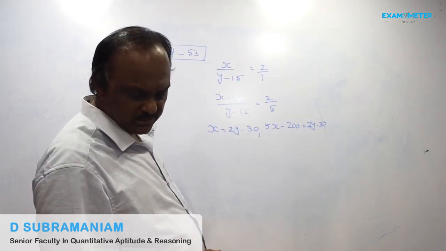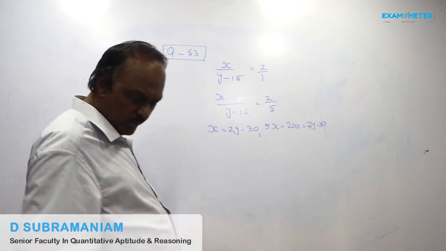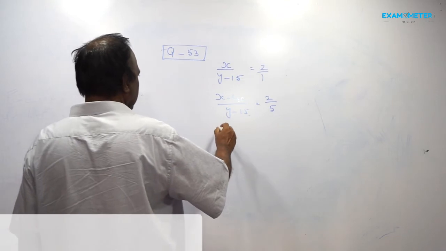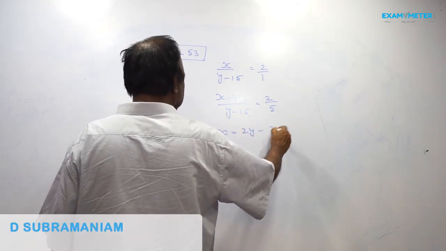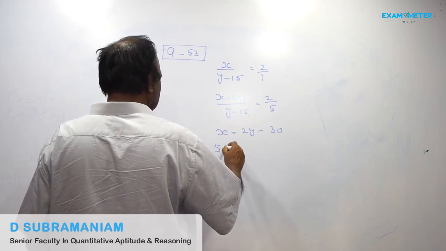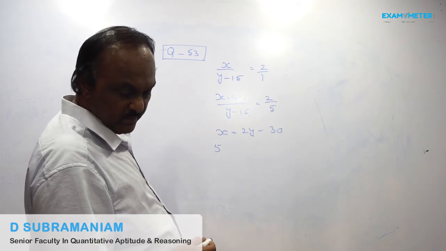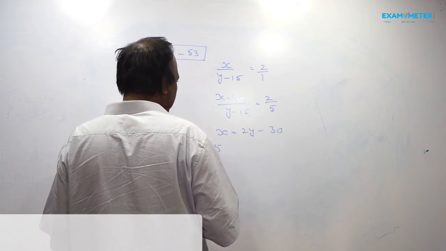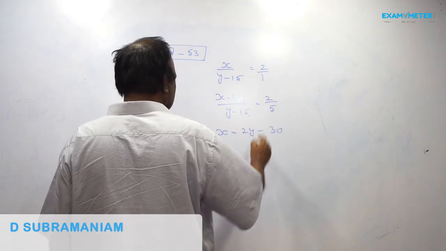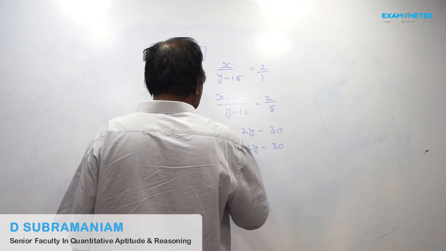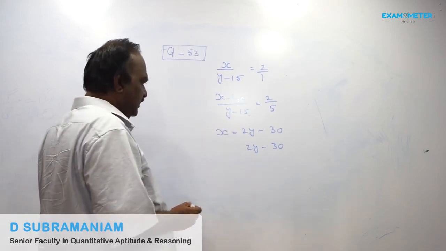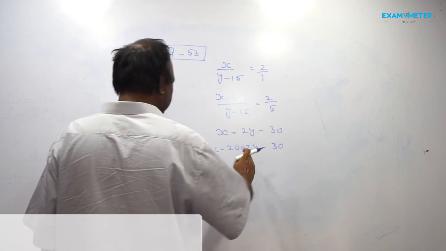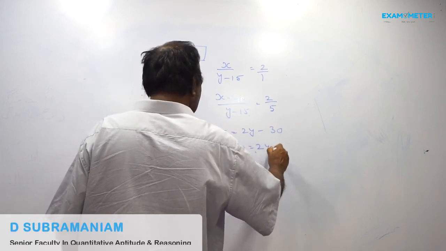So you can write it as x is equal to 2y minus 30. 5x minus 200 is equal to 2y minus 30.